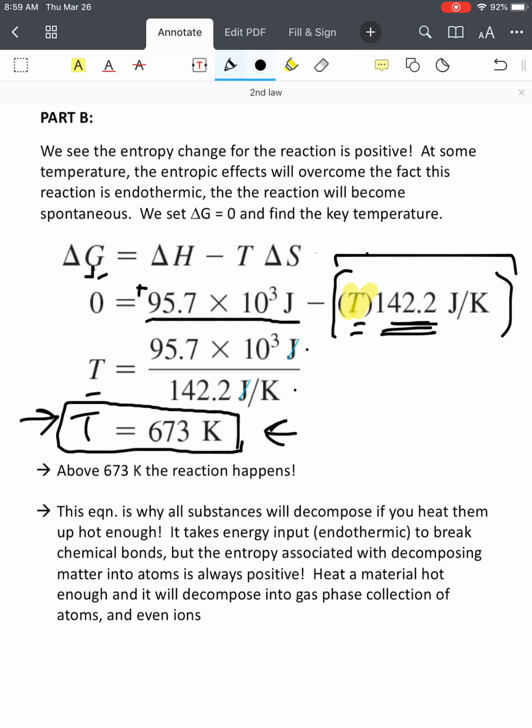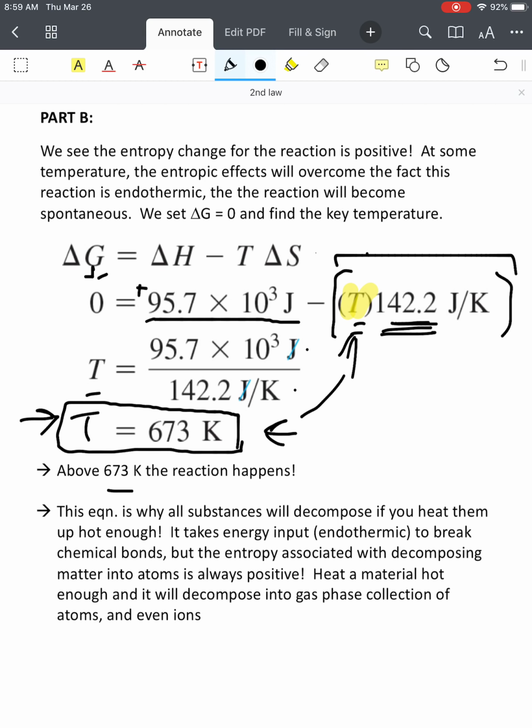When T is 673, and I plug that back in there, I multiply that 673 times this 142, and I get a value here for the second term in my equation that offsets my positive delta H. And at any temperature above that crucial temperature, this reaction is going to become spontaneous.